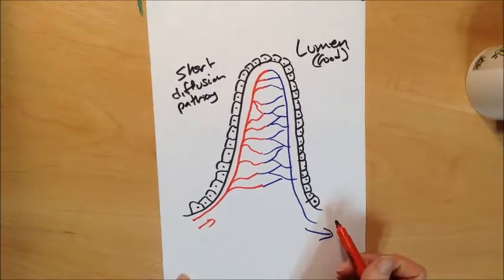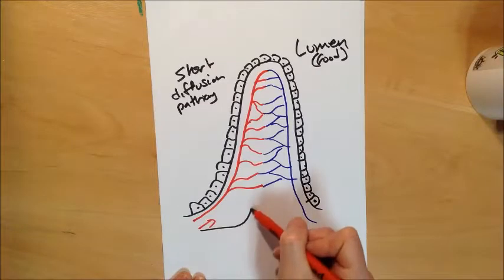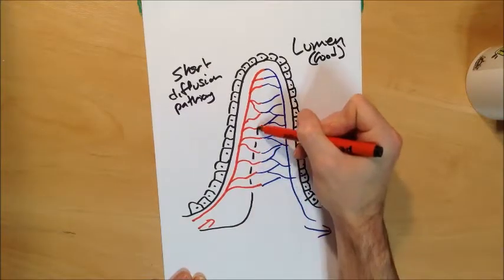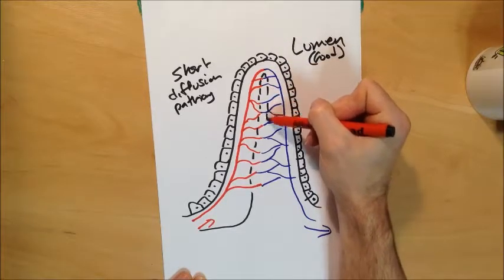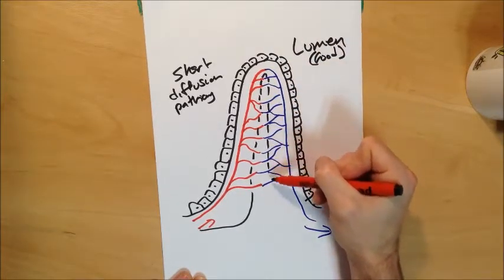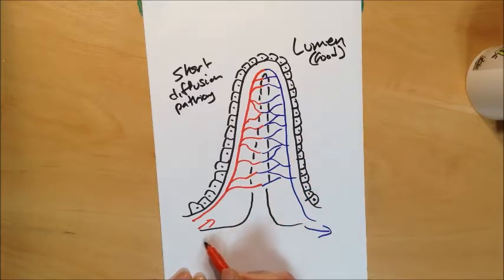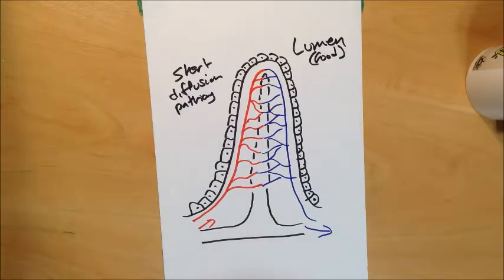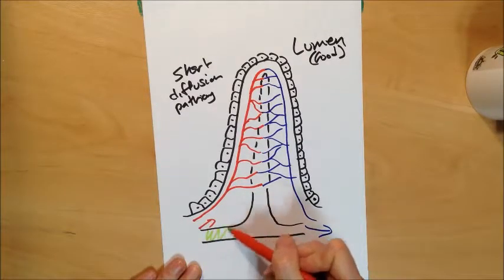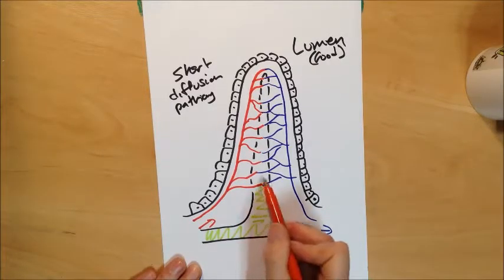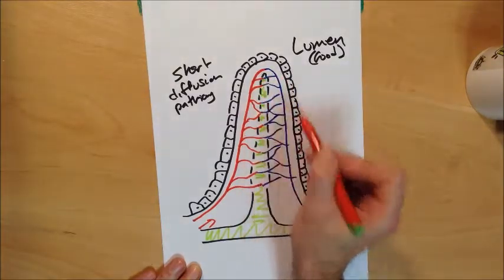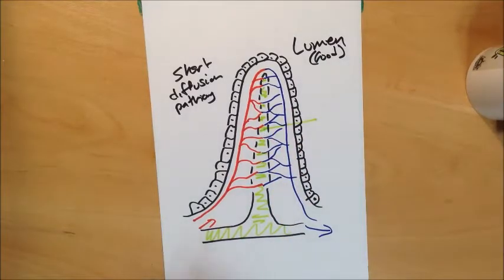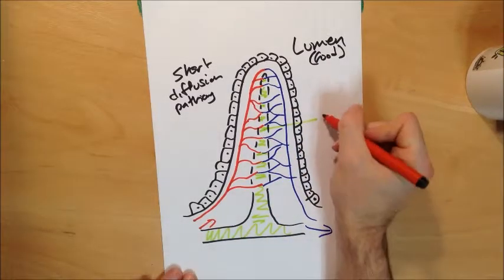But that's not the only thing that's present in the villus. We've also got a lymphatic vessel, which comes up here. And this is a branch of the lymphatic system. Because not all things, particularly if they're not soluble in water, can be transported by the blood. So you've got here this structure which contains lymph, and that is where fat is transported, and that structure, that's called a lacteal.